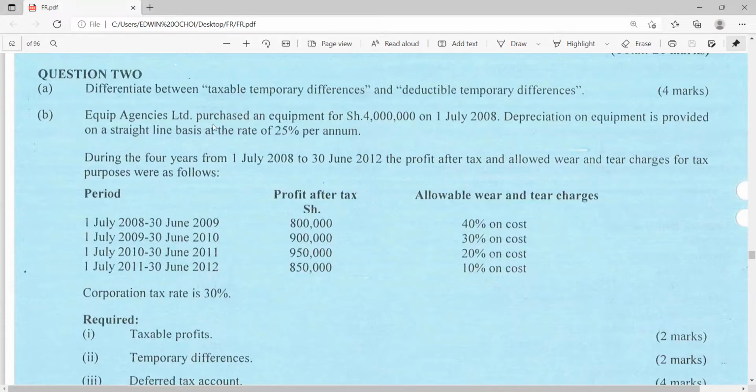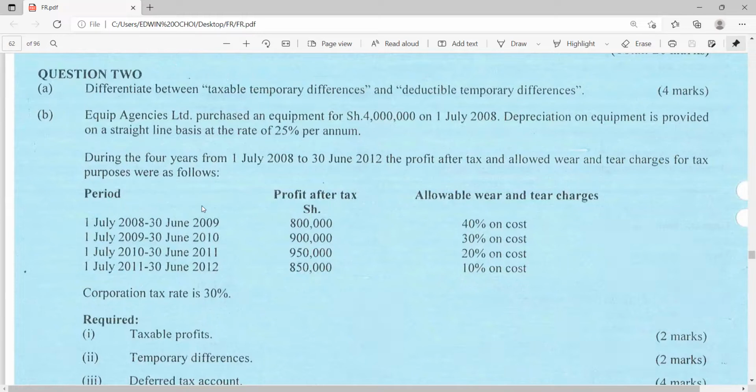B, they say Equip Agencies Limited purchased an equipment for 4 million on 1st July 2008. Depreciation on the equipment is provided on a straight line basis at the rate of 25% per annum. During the 4 years from 1st July 2008 to 30th June 2012, the profit after tax and allowed wear and tear charges for tax purpose was as follows.